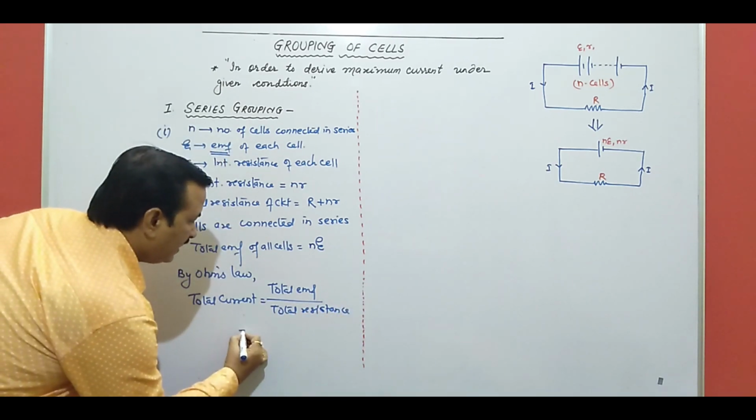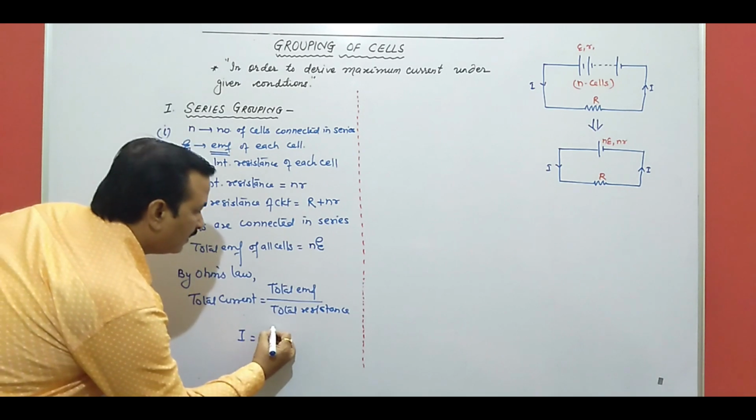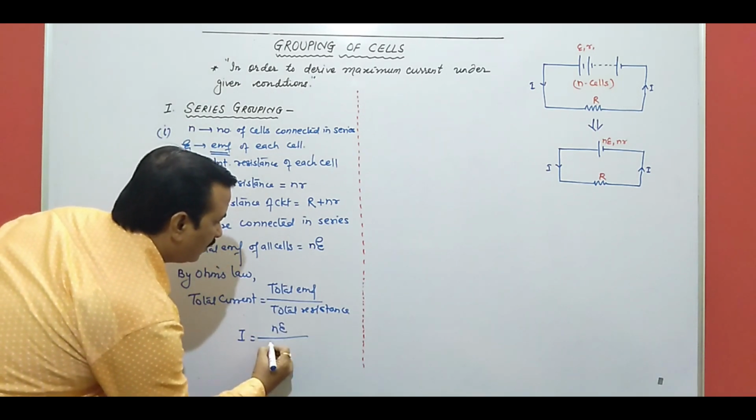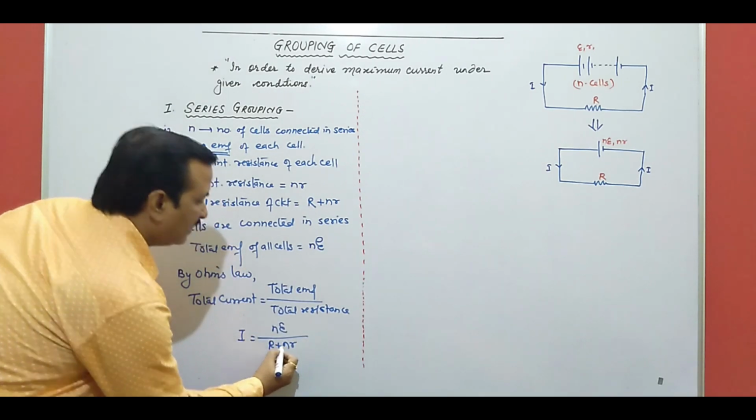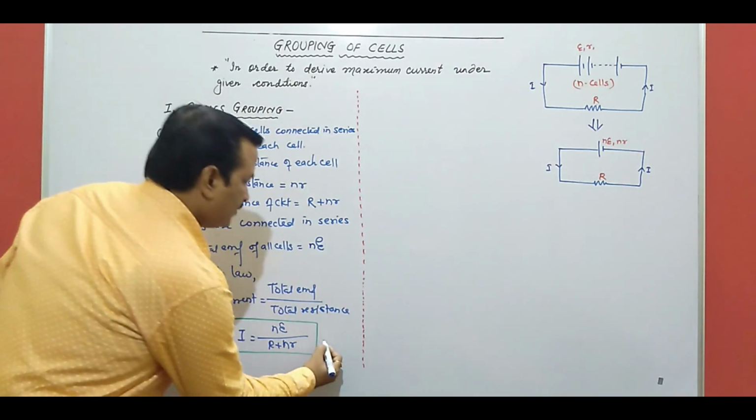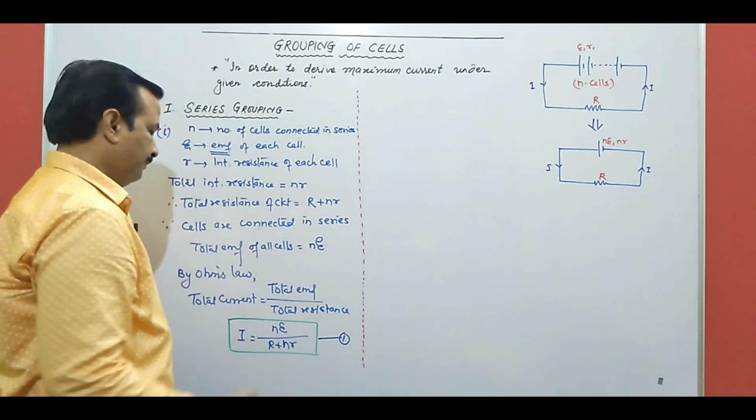So I is equal to nE upon R plus nr. Now suppose this is equation number 1.